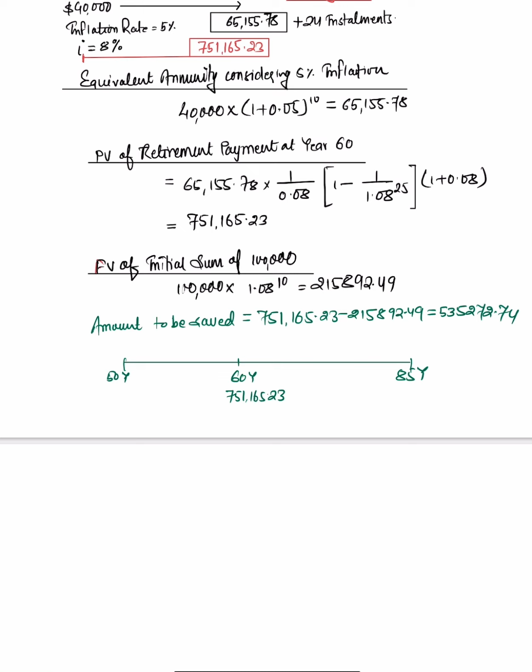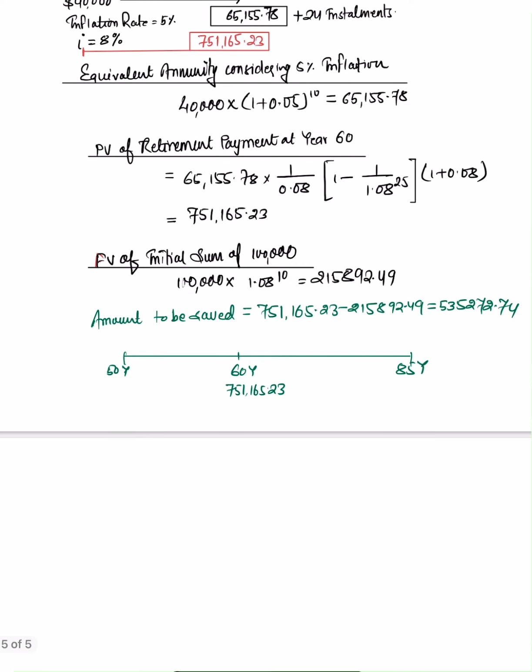You already have 215,892.49 from your initial saving, and the difference is 535,272.74. So you need to save every year for the 10 years onward.